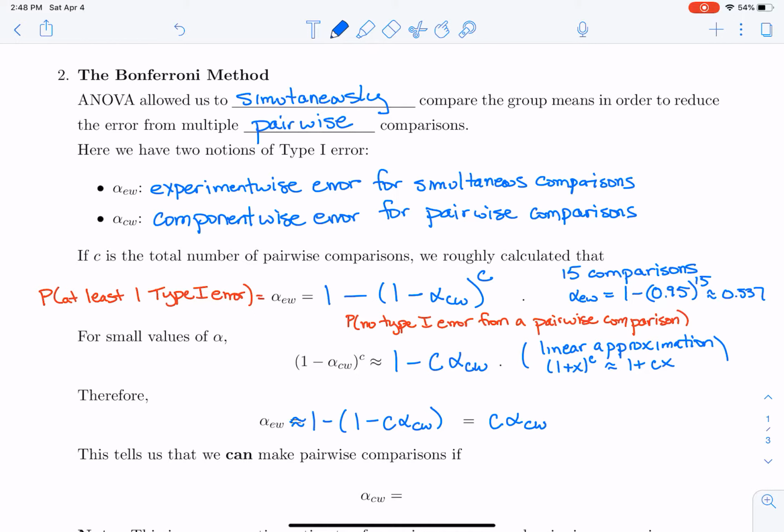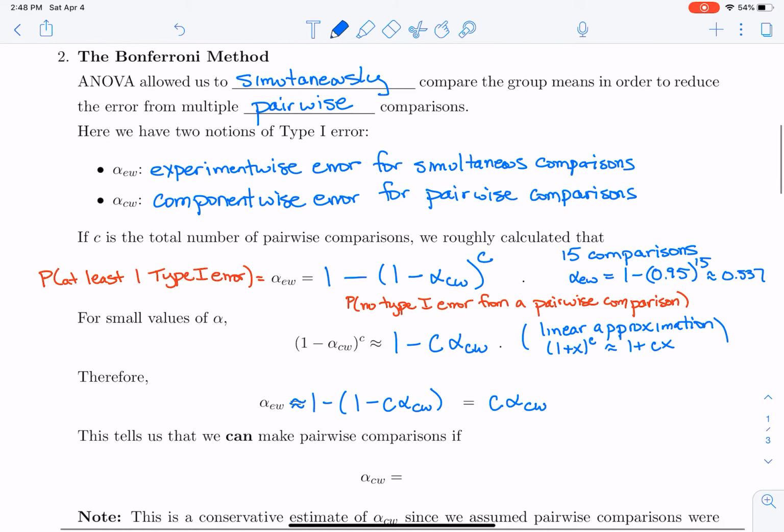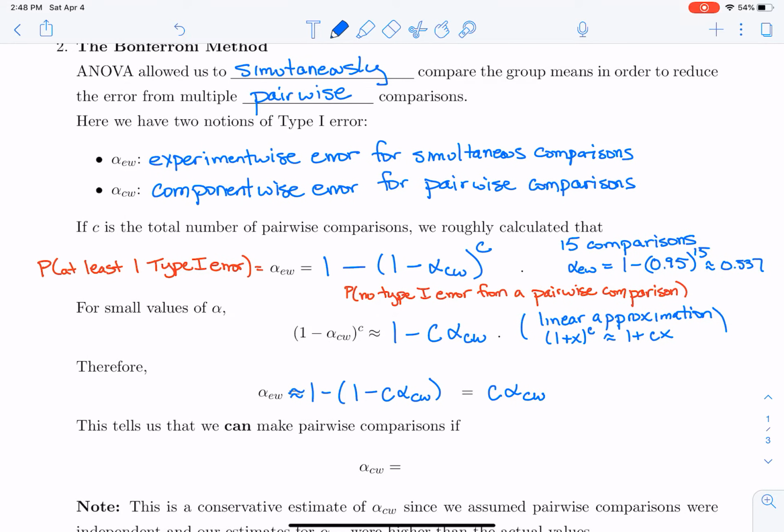Now that we have that, what that says is if we don't want our experiment-wise error to be any larger than some amount, then we can make our component-wise error smaller in order to make sure our experiment-wise error doesn't exceed that amount. We can make our component-wise error equal to our experiment-wise error that we desire over the number of comparisons.